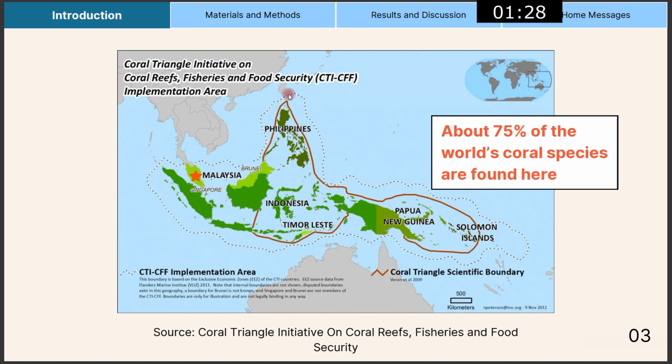As you can see here, the black lines are the coral triangle in 2011, and it includes countries like the Philippines, Malaysia, Brunei, Singapore, Indonesia, Timor-Leste, Papua New Guinea, and Solomon Islands. The star sign over here is Peninsular Malaysia that we're going to discuss today.